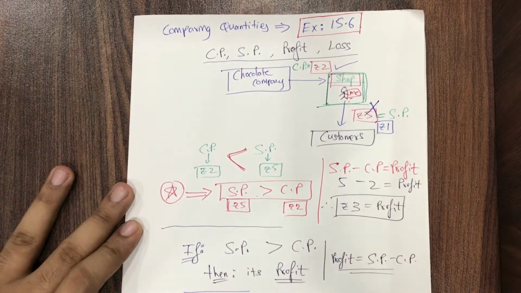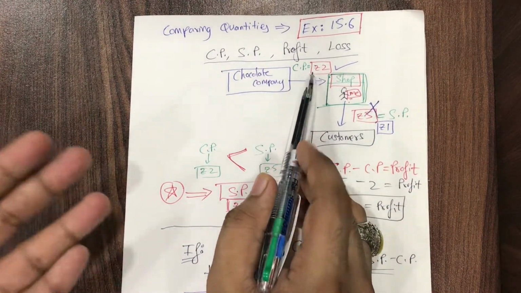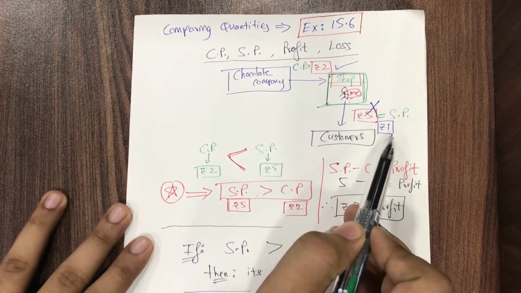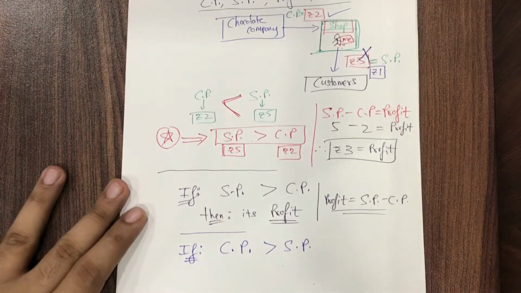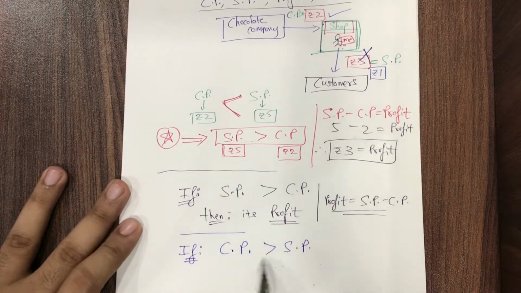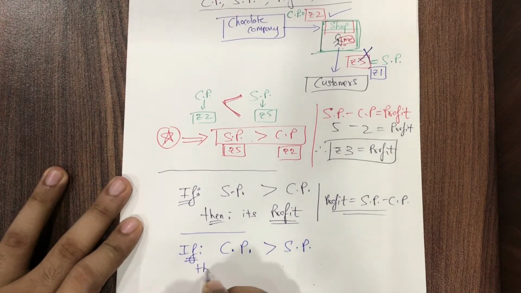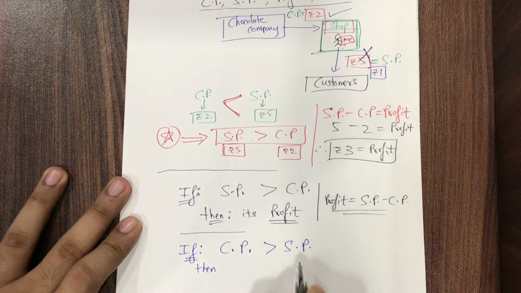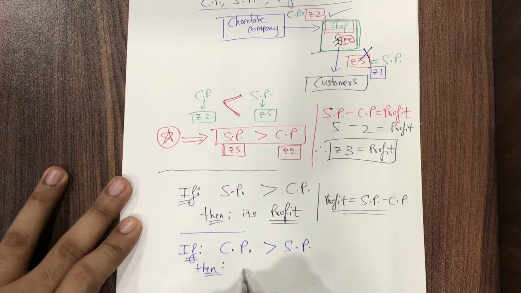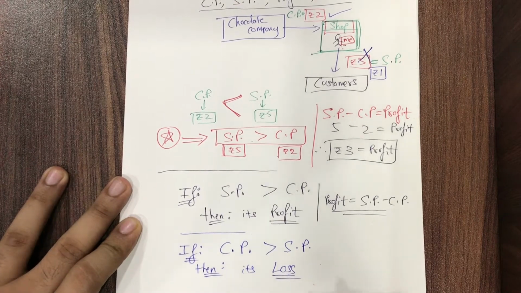Yes, I purchased it at a higher rate as compared to what I am selling it for in the second case. So if cost price is greater than selling price, then I will say it's a loss. This transaction is a loss transaction.